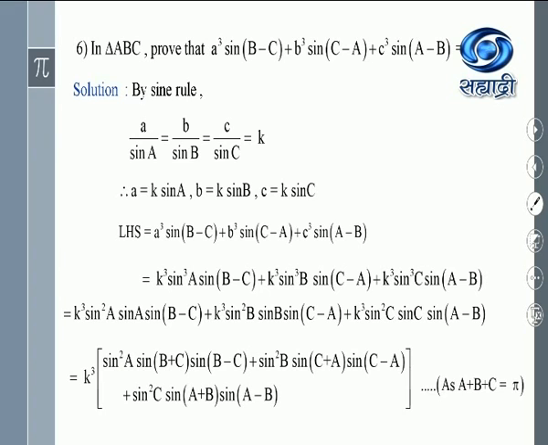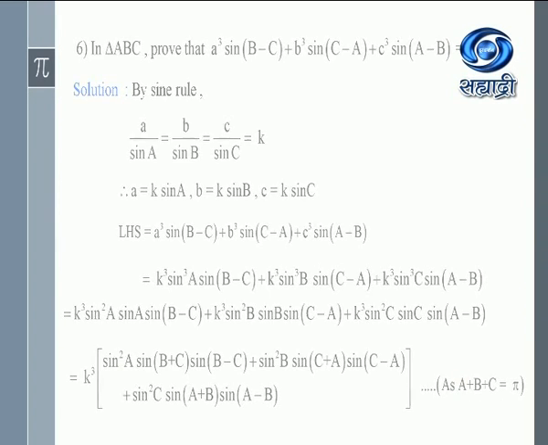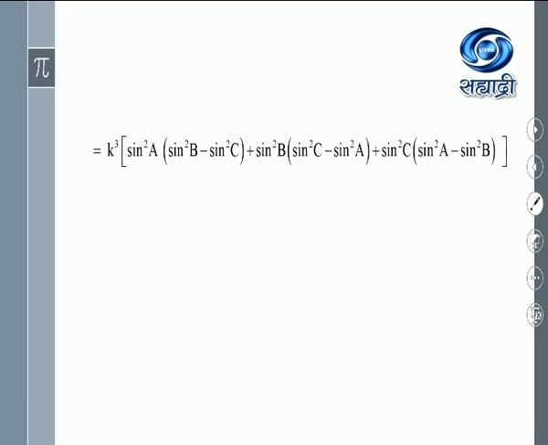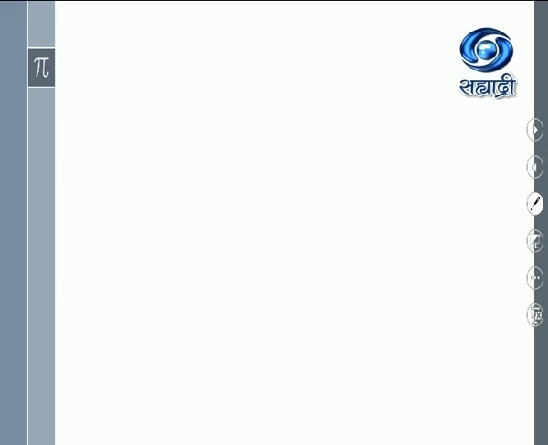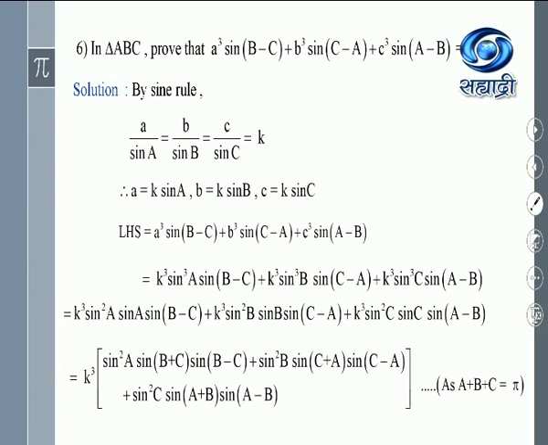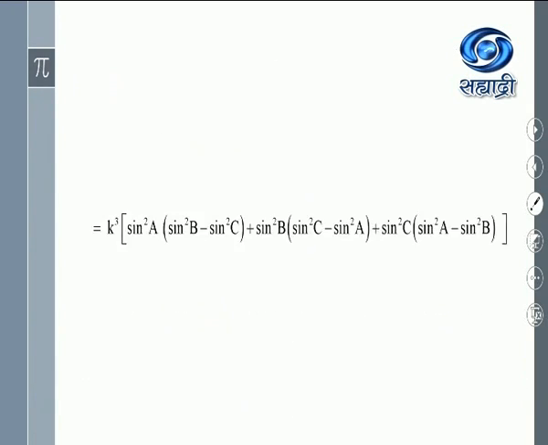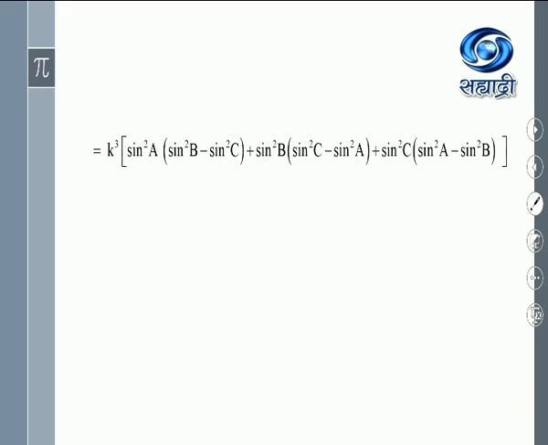So this condition we wrote, I already explained. So k cube into bracket sine square a. Okay, what I told you is, look at the step. Sine of b plus c into sine of b minus c is what? Sine square b minus sine square c. This we have to try at home as homework and find that. So this is sine square b minus sine square c.